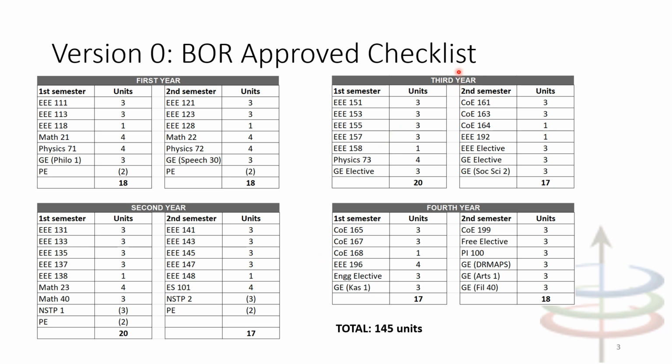But as we all know, the first 5 semesters of the program of electrical engineering, computer engineering, and electronics engineering are all the same. You just start your specialization courses once you reach third year, second semester. So for example, if you are a BSECE student, this would just be replaced by ECE 161, ECE 163, ECE 164, and so on.